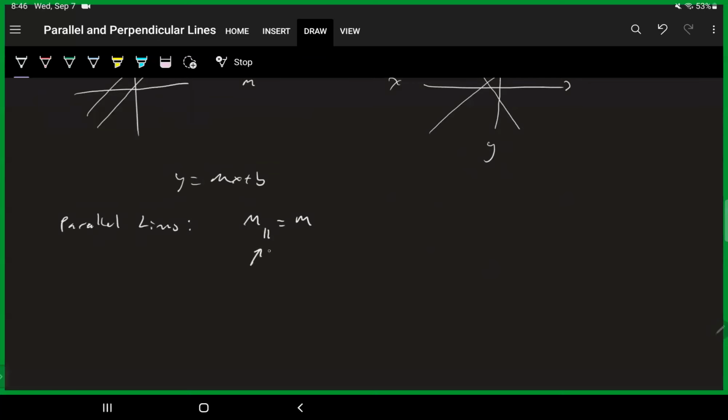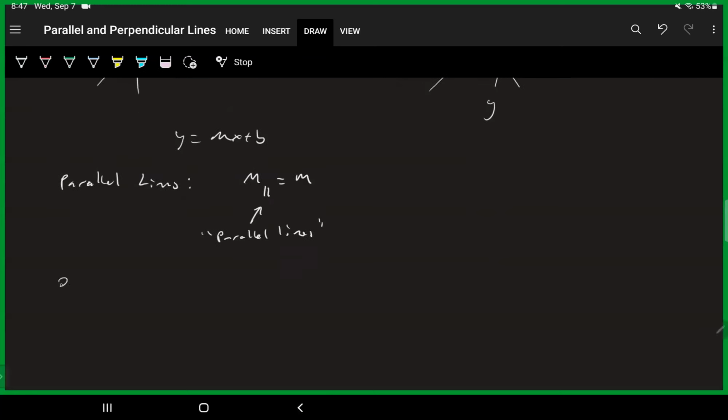And in geometry class, it looks like an 11, but if you type it, it's the vertical bar on the keyboard, two of them. That's the symbol for parallel. And whatever slope I had in the original line is going to be the slope for the new line, the parallel line.